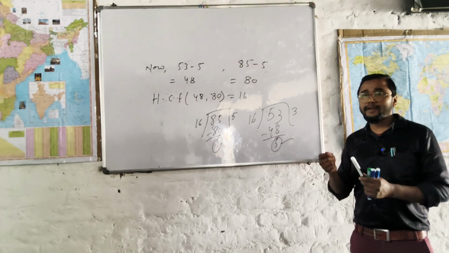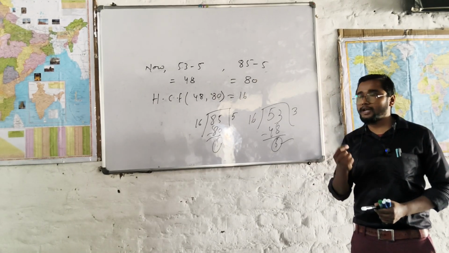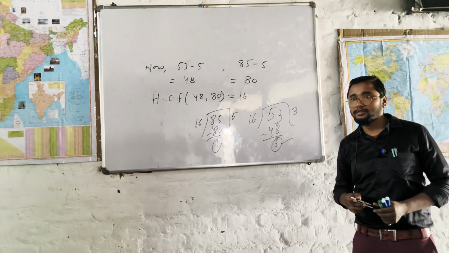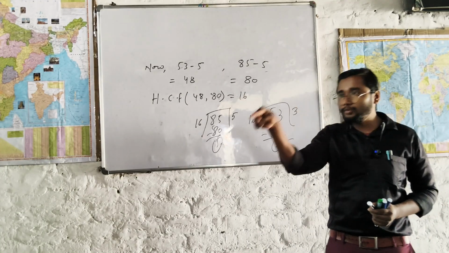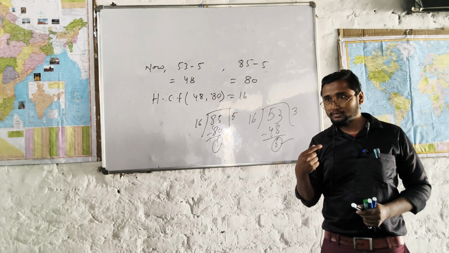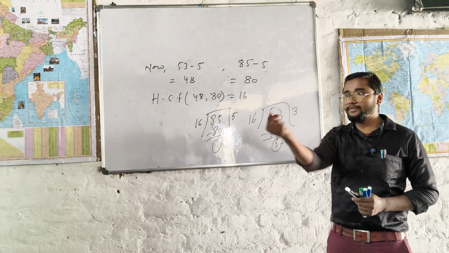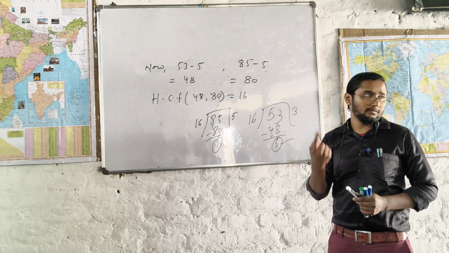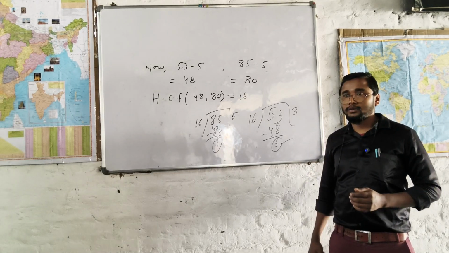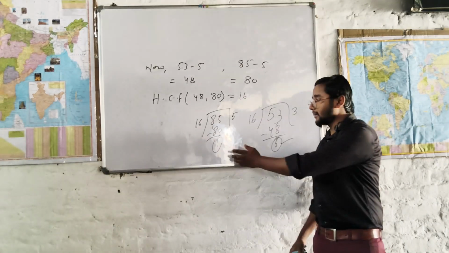Sir, 5 is written in the question only one time. Why is it not written 2 times? Because the question is saying that 5 in both. Sir, you are getting the 5 two times here, but in the question 5 is written one time. Do you feel what I'm saying now?